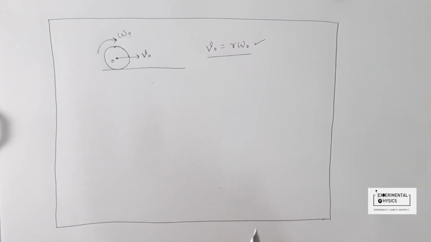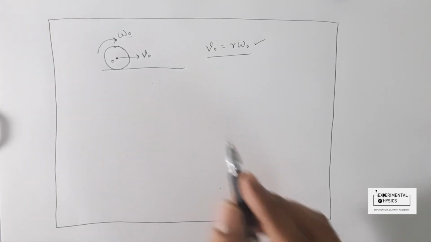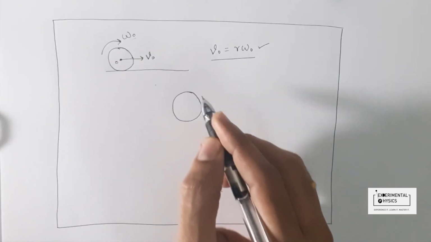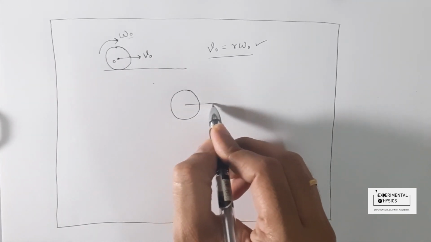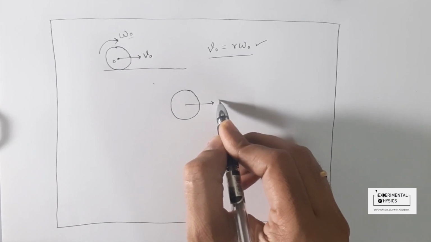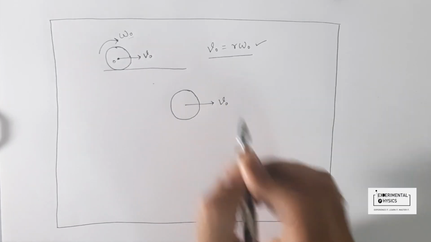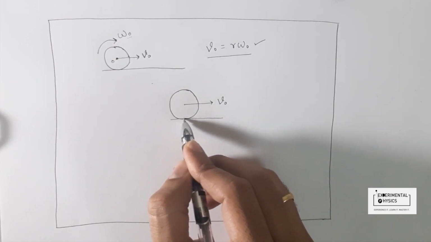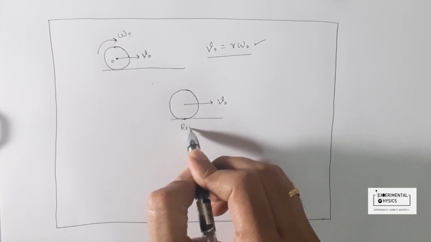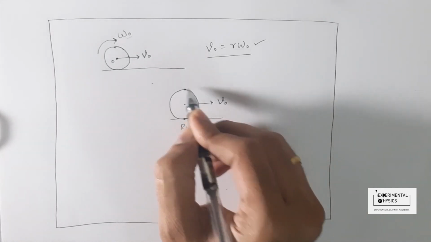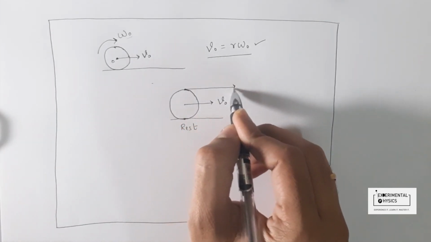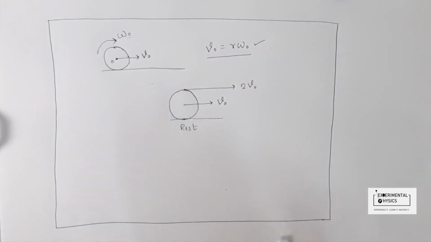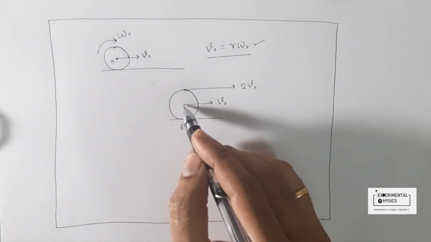Now, there is another concept that I want to focus on today, and it is this diagram. I am again drawing the same diagram. The object has v naught velocity at its center of mass. The point which is in contact with the ground is momentarily at rest, and the topmost point has velocity 2v naught. I am quite sure that many of you have seen this particular diagram.